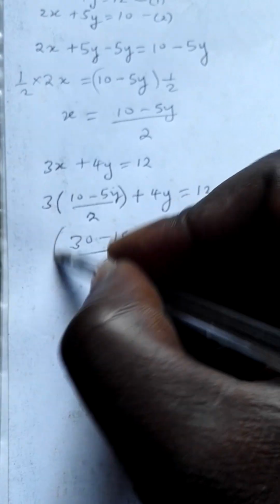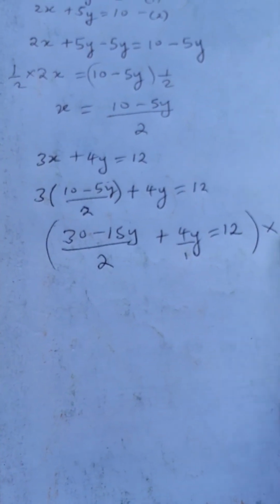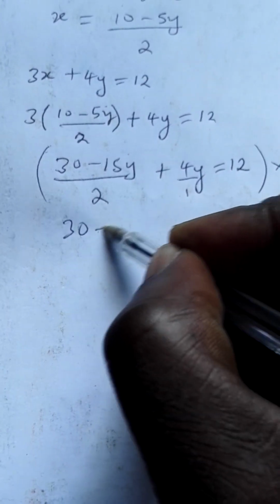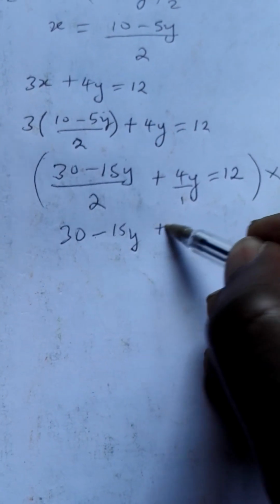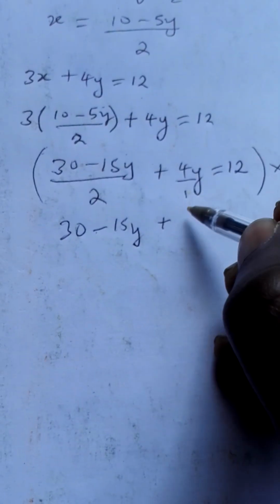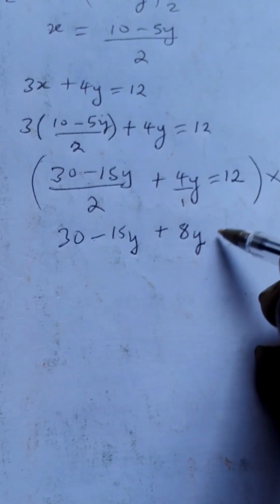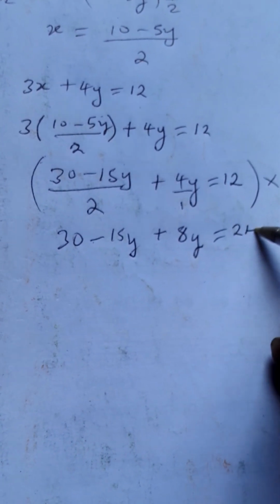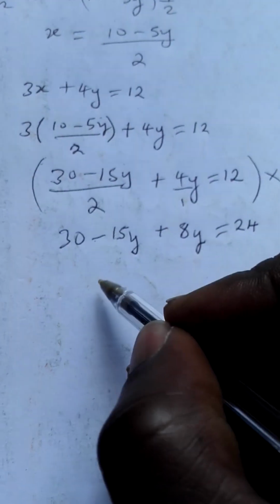So we just multiply everything by 4. This 4 is going to go. So this is going to be 30 minus 15y plus this by 4 is going to be 16y, and this by 4 is 48. So now let's deal with the like terms.